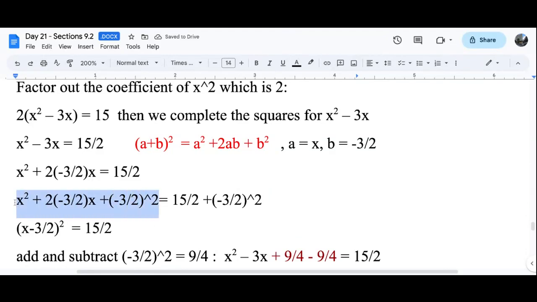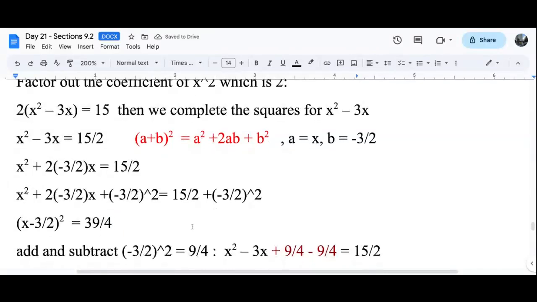So this left-hand side becomes x, that is a minus b squared, or a plus negative number squared. Then the right-hand side becomes 15 over 2 plus 9 over 4, which is 39 over 4. Does it make sense?